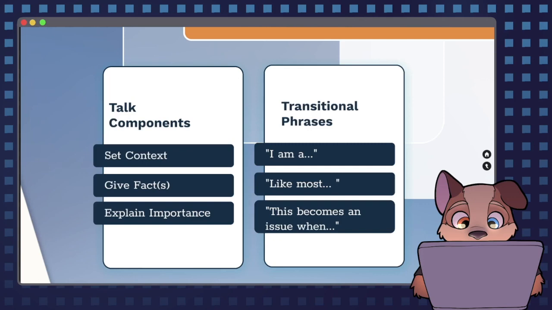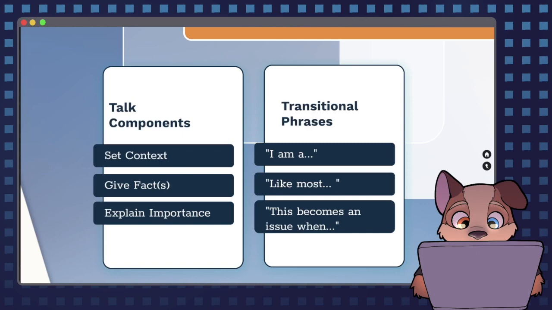For every level of talk, level 1, 2, and 3, there are 3 important components that each talk needs to have. 1 is to set the context. 2 is to give a fact or facts about that context. And then the third component is to explain why the facts that you just gave are important. So those are the components of the talk.